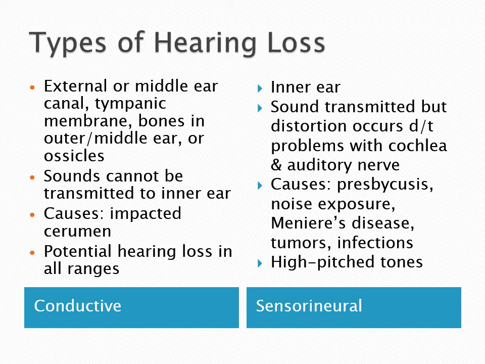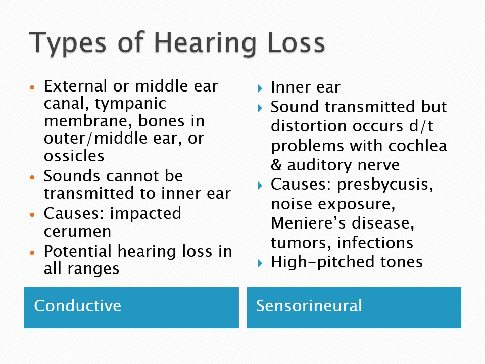So conductive hearing loss is mainly external and middle ear, and the primary cause in older adults is impacted cerumen, which is the earwax. Once you resolve that impaction through irrigation, then they will regain their normal level of hearing. Sensory neuro, on the other hand, is typically due to damage done to that inner ear through noise exposure.